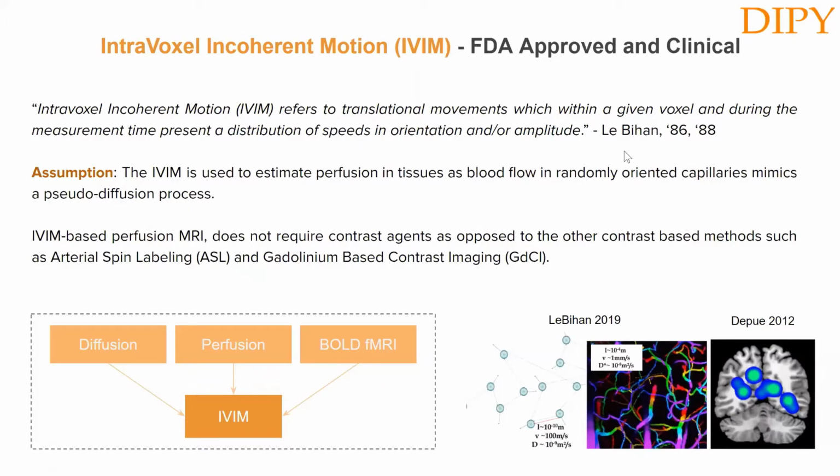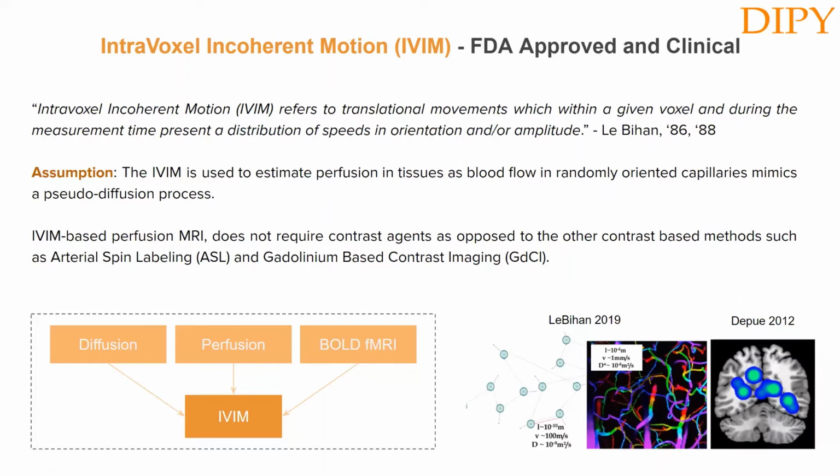All right, let's take a look at what is IVIM. IVIM, that stands for Intravoxel Incoherent Motion, was defined by Ahn and Le Bihan in his 86 paper as the translational movements within a voxel that at measurement time represent a distribution of speeds and orientation and amplitude.